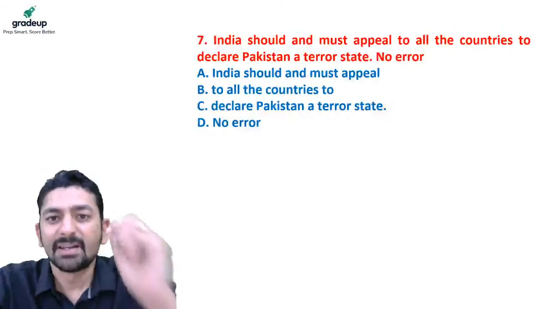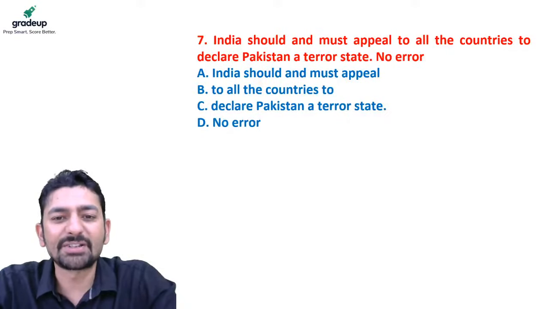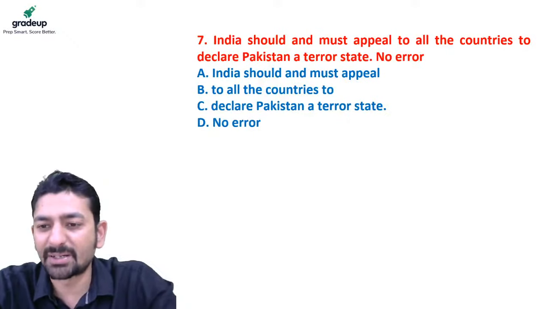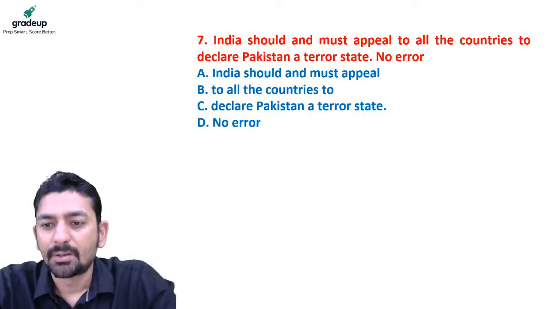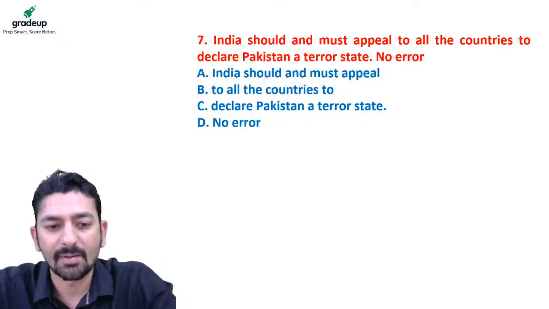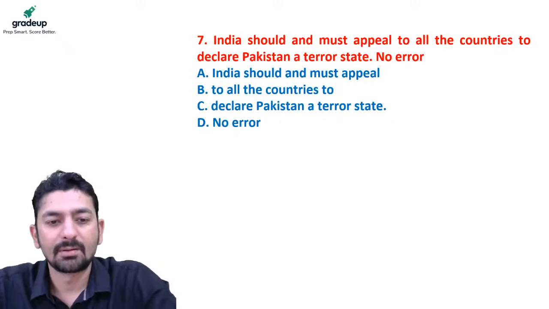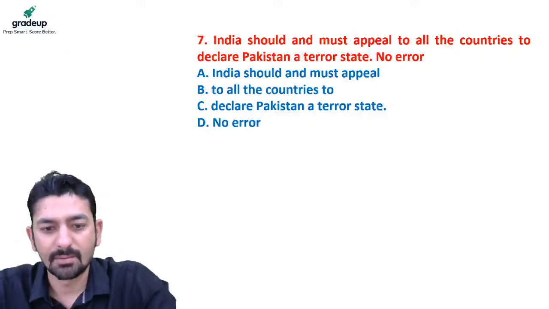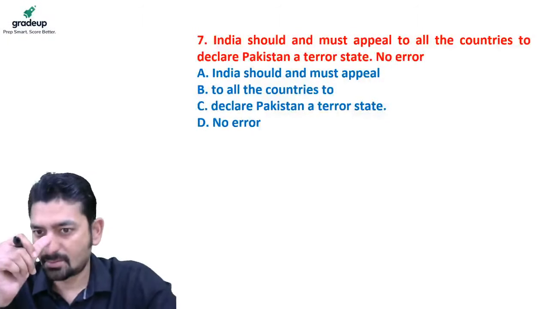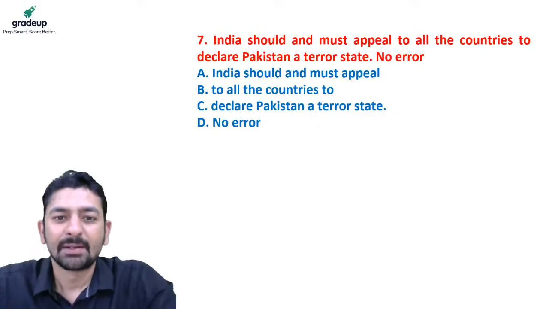Question number 7 says, India should and must appeal to all the countries to declare Pakistan a terror state. Which part of the sentence do you think has an error on this one, guys? Okay.